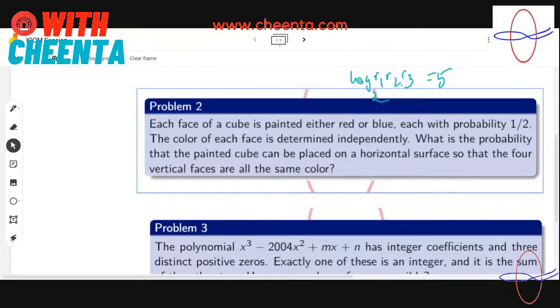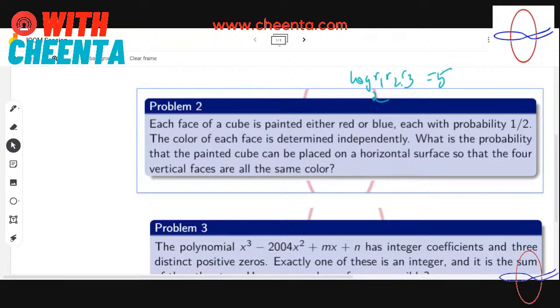How many possible colorings? Yes, 64. 64, right. So 64 possible colorings. Very good.